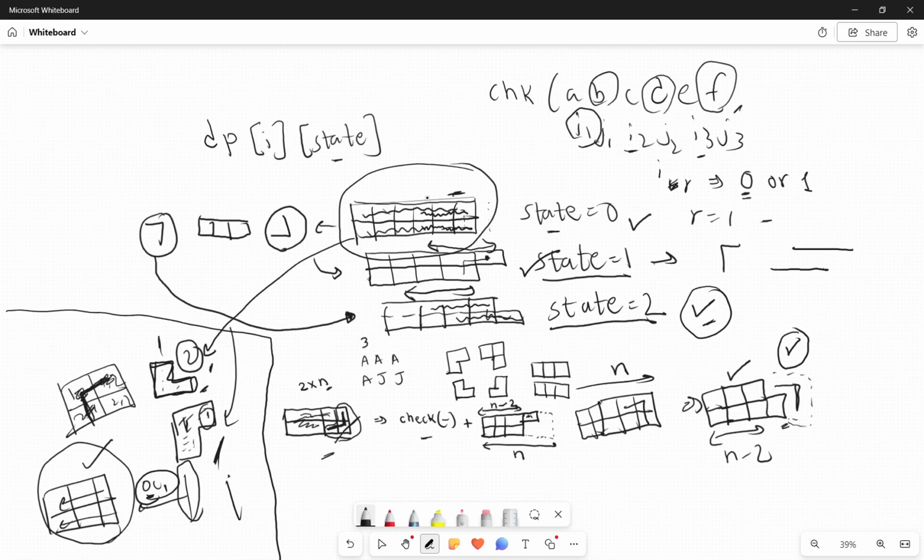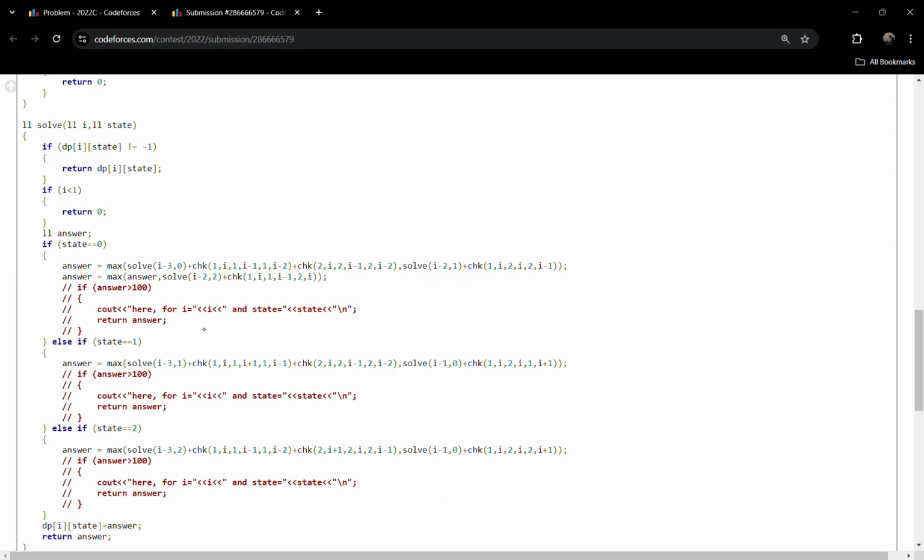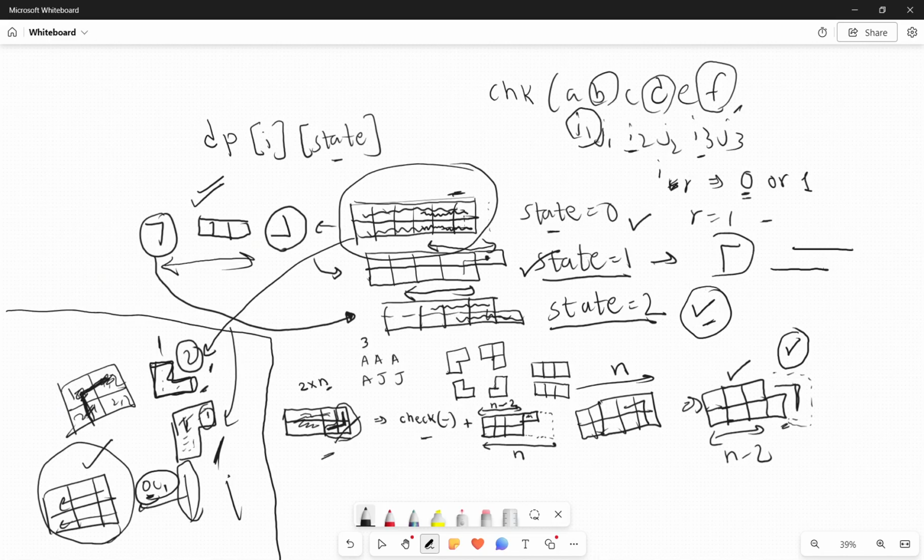Basically, if state is 0, I am doing these three transitions, if state is 1, similarly I'm doing these two transitions.